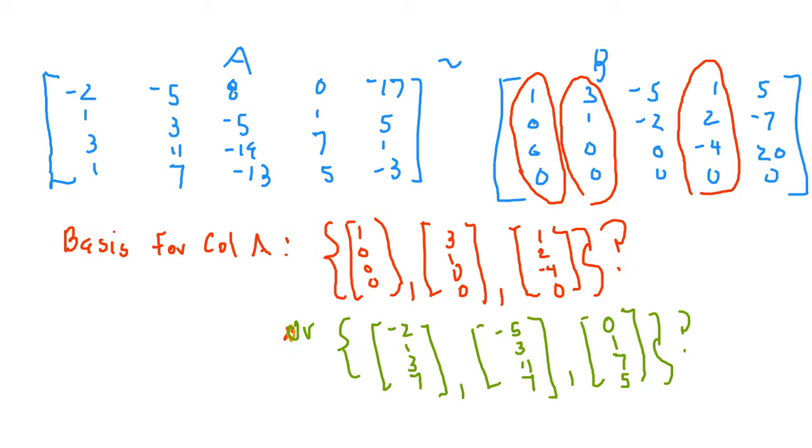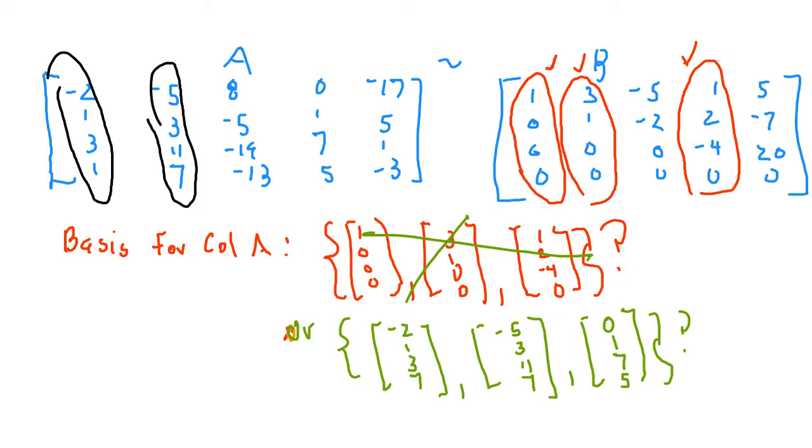So the basis for the column space of A would not be this, but you use the pivot columns in the echelon form of the matrix A to identify the corresponding columns in the matrix A that form a basis for the column space of A. And that's this here.